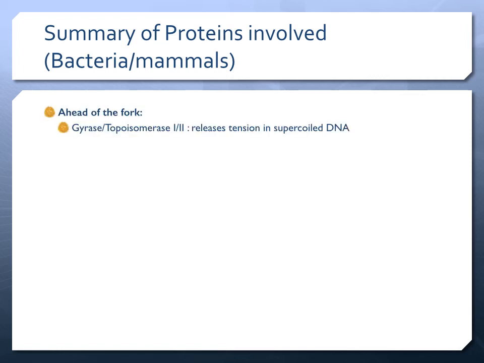So in front of the fork of replication, you will have a protein called gyrase in the bacteria, or topoisomerase 1 and 2 in the mammals. And this is a protein that releases the tension of the DNA when it is supercoiled. So it will work really ahead of the fork in order to prevent knotting in coils, supercoils in the DNA in front of the fork.